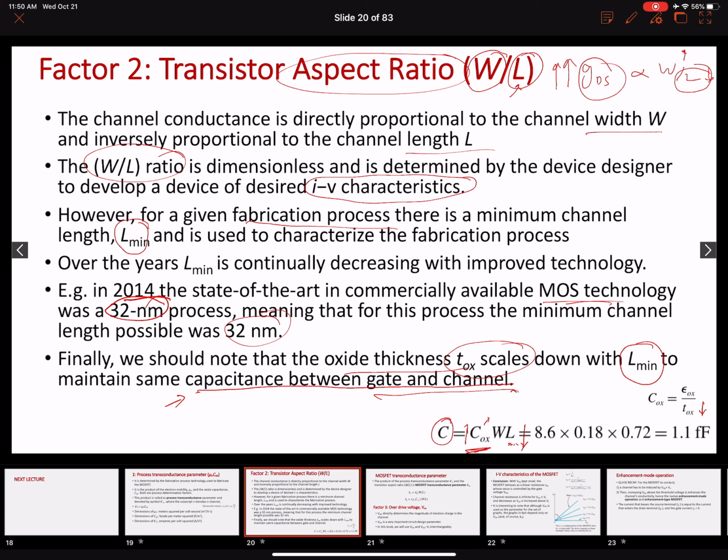When the thickness of the oxide is reduced, the oxide capacitance per unit area of the channel will increase, to maintain the same capacitance.